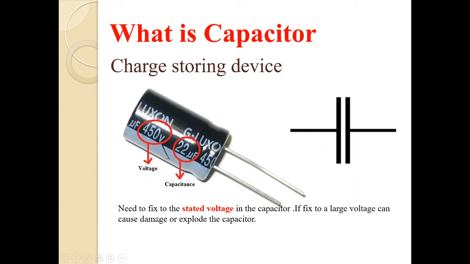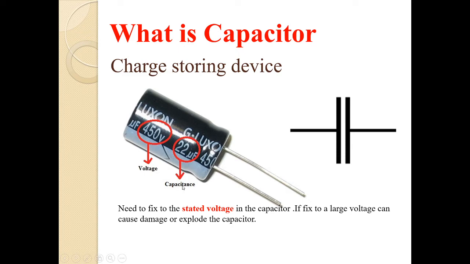What is a capacitor? It's a charge storing device. It consists of two parallel metal plates and insulating material in the middle. And the two very important facts about the capacitor are that it has two indicated values, that is voltage and capacitance.